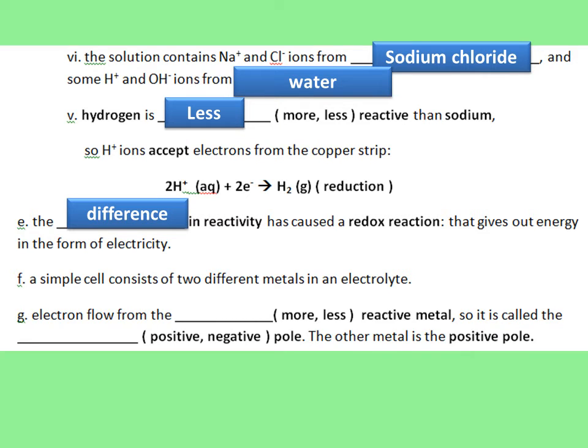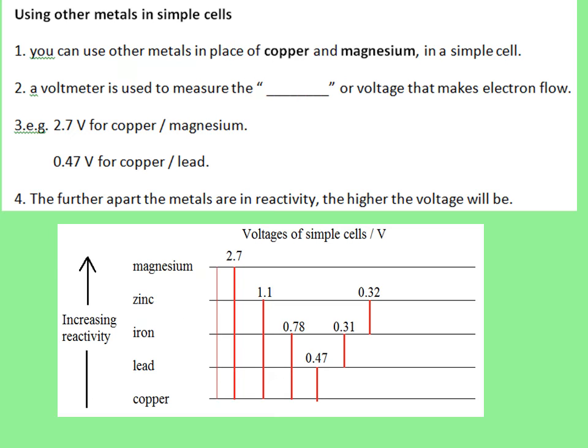So the difference in reactivity has caused redox reaction. So F, a simple cell consists of two different metals. So G, electron flows from the more reactive metal and goes to the less reactive metal. So the more reactive metal, we call it the negative pole because it gives out electron. The voltage will be lower.